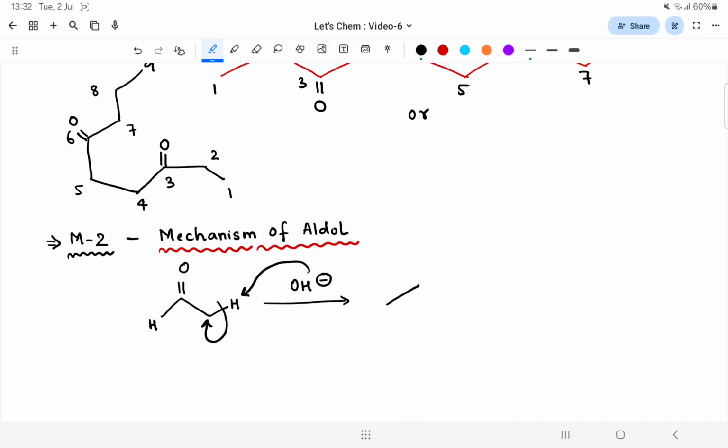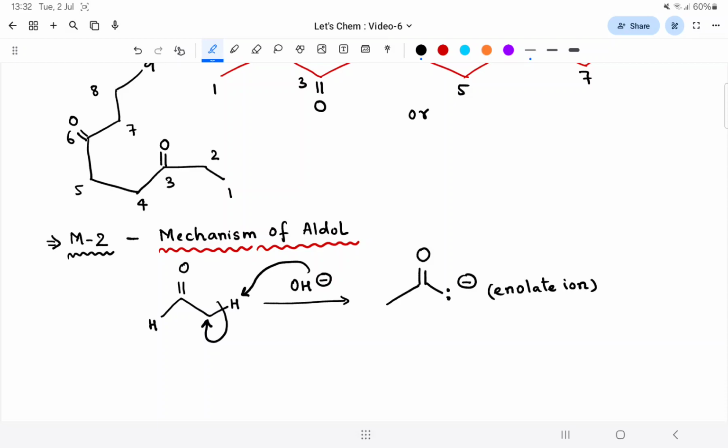So what ion do we get here in the first case? Okay guys, what ion do we get here in the first case? This is called the enolate ion.